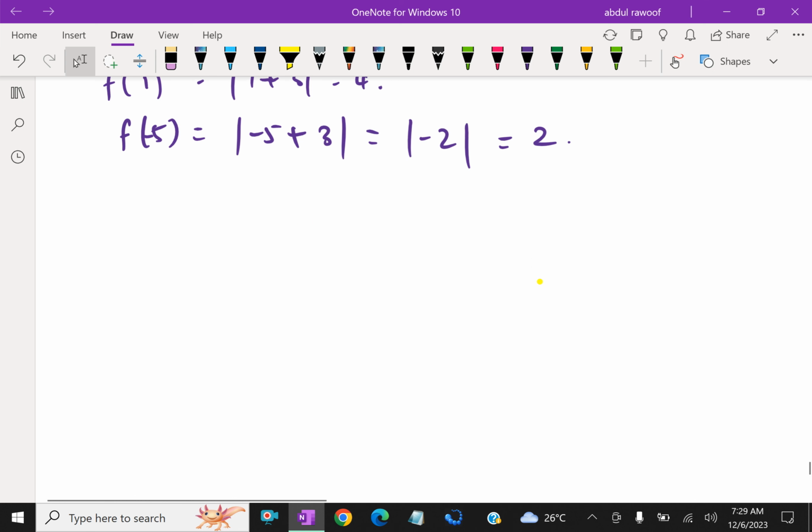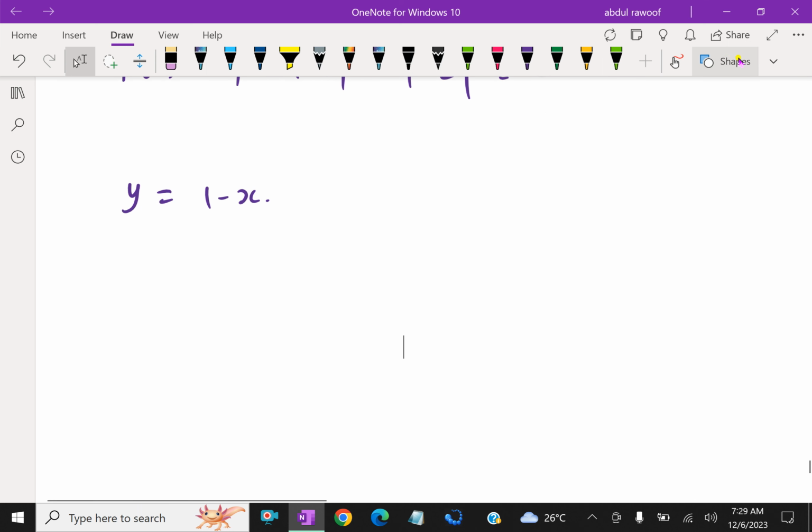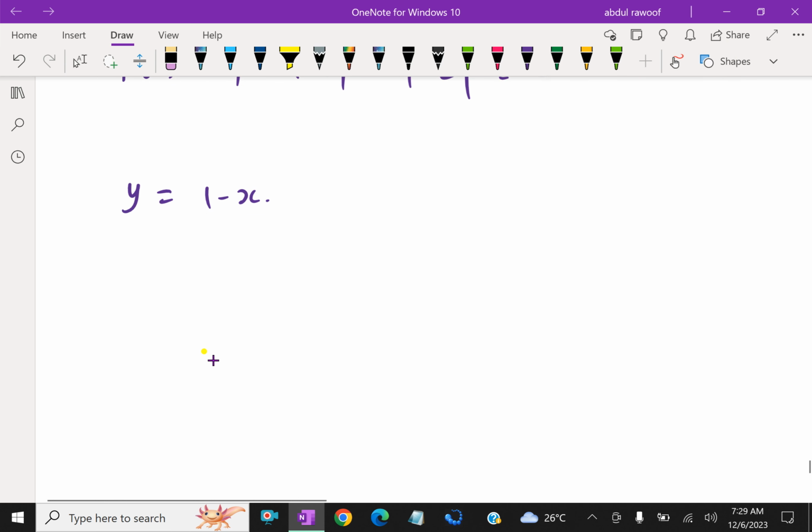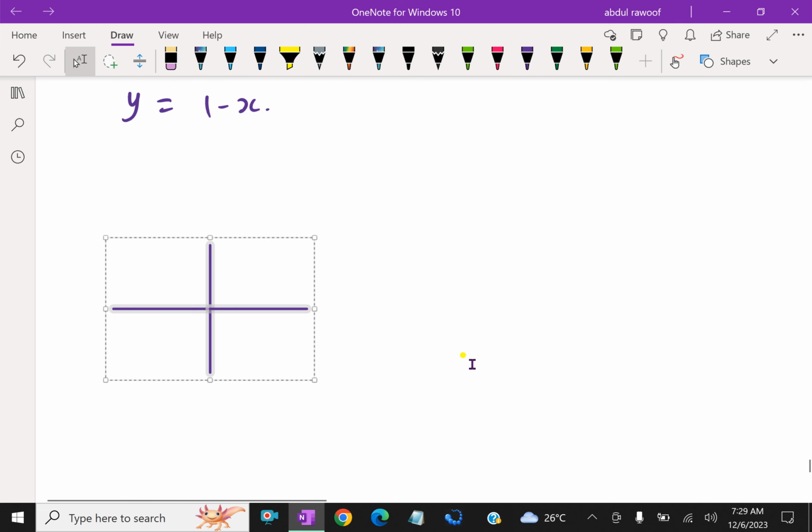Now, let us sketch some values. y equal to 1 minus x. How to sketch this in a graph? Look at here. Here y equal to 1 minus x. Suppose we change the color.